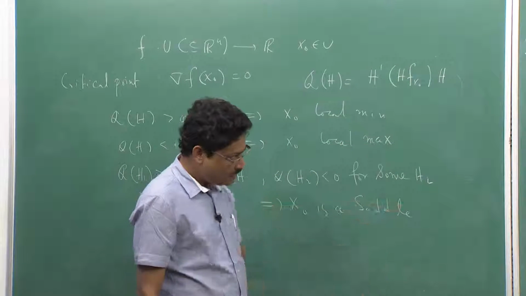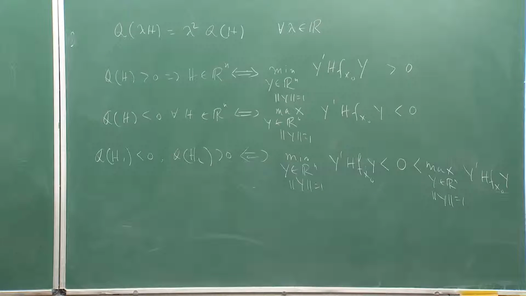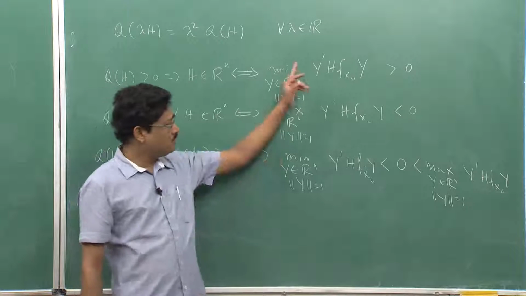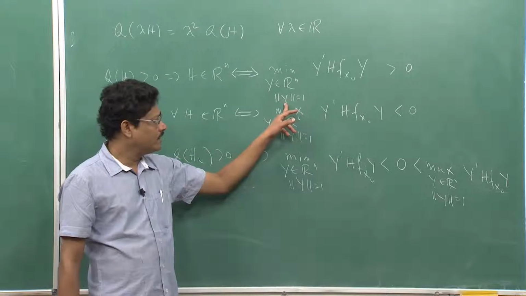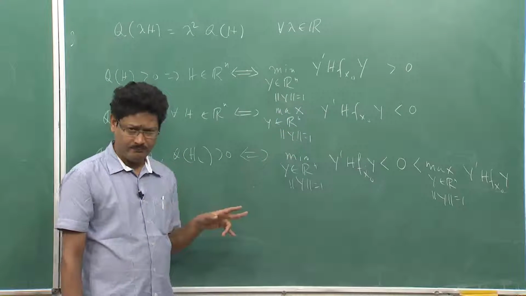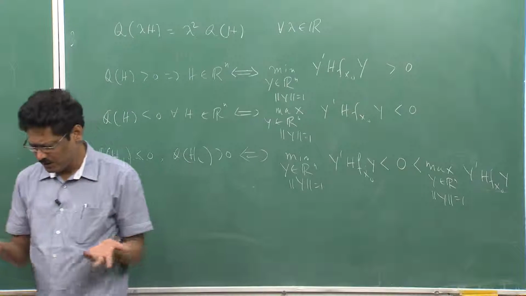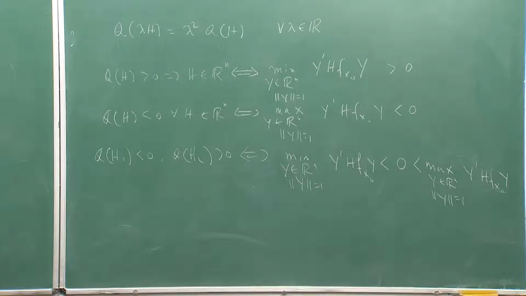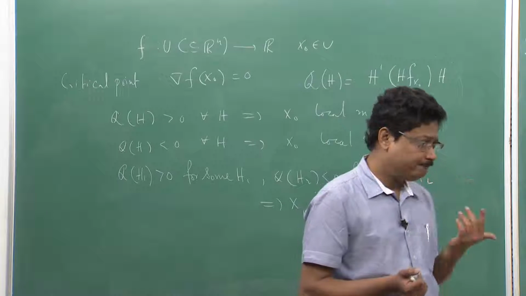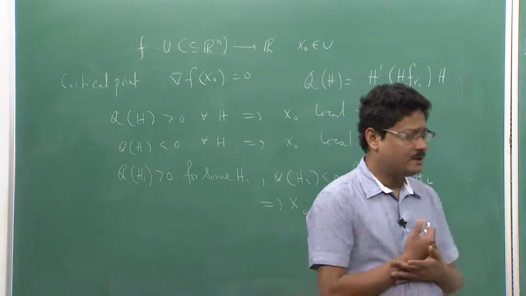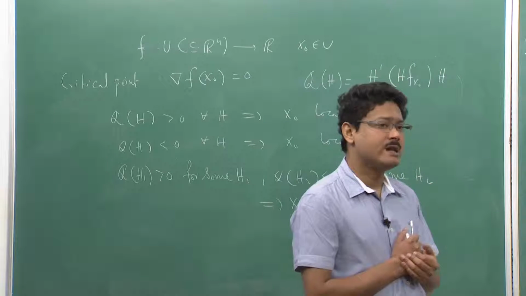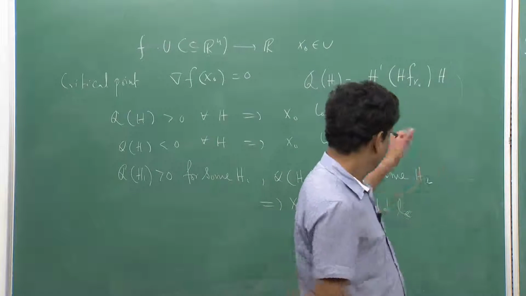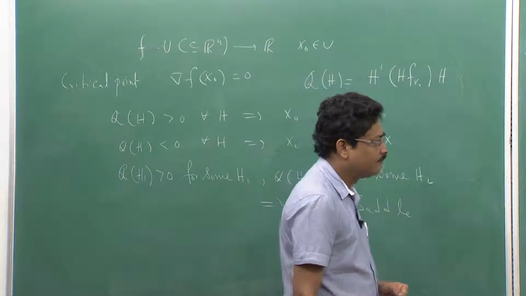And if I write it in this way, I have reduced the problem to norm of y only 1, that is a reduction, but it is not a great reduction. But if I now apply some results from linear algebra, then this will give us a great advantage in actually checking minima, maxima and saddle point.